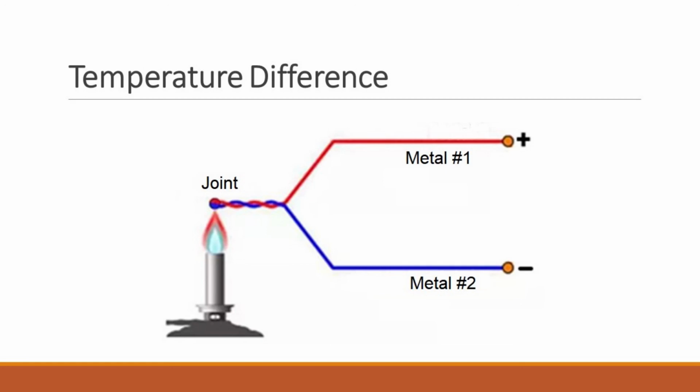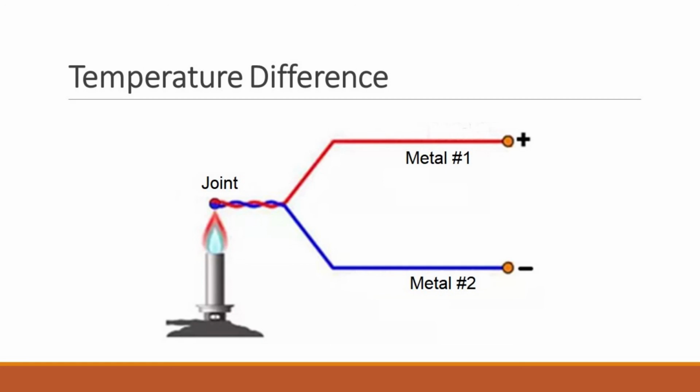We heat the joint with a flame or with any device that produces heat, and we're going to find that one metal is going to lose electrons and the other one is going to gain electrons. So we're going to have one metal with a net positive charge and the other metal with a net negative charge. So through this process, temperature difference, we might have electricity manifest.